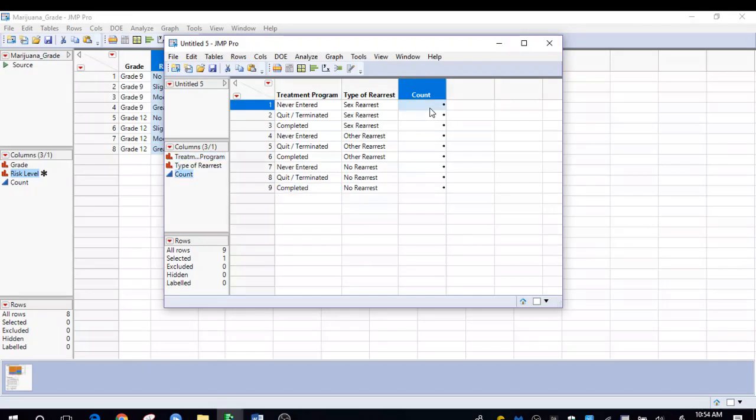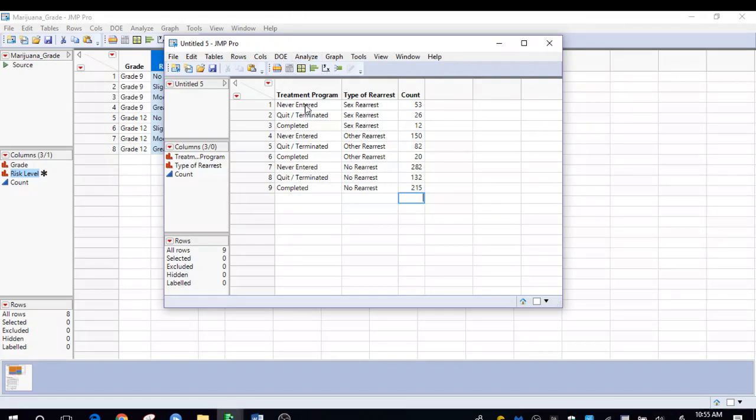The counts there will be 53, then going down my table, 26, 12. Okay, so those are those numbers.